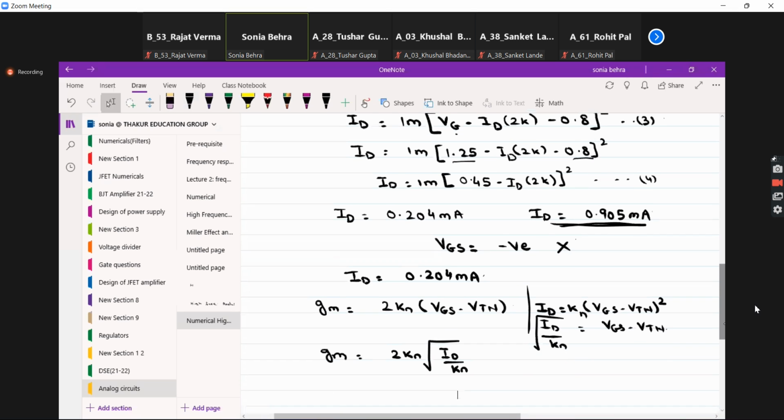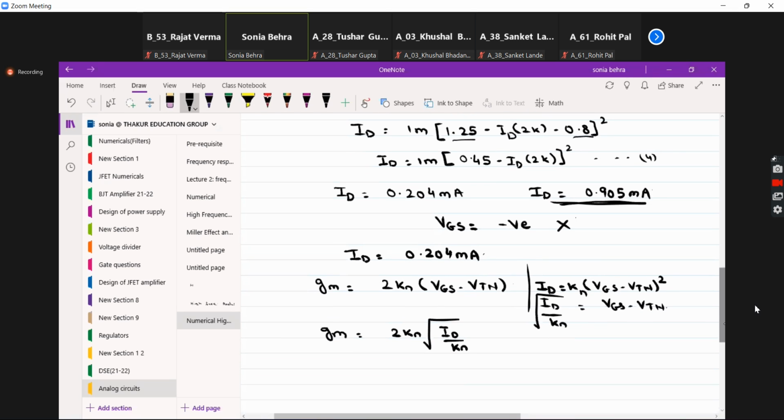Find out GM. Give me the value of GM. Have you understood?